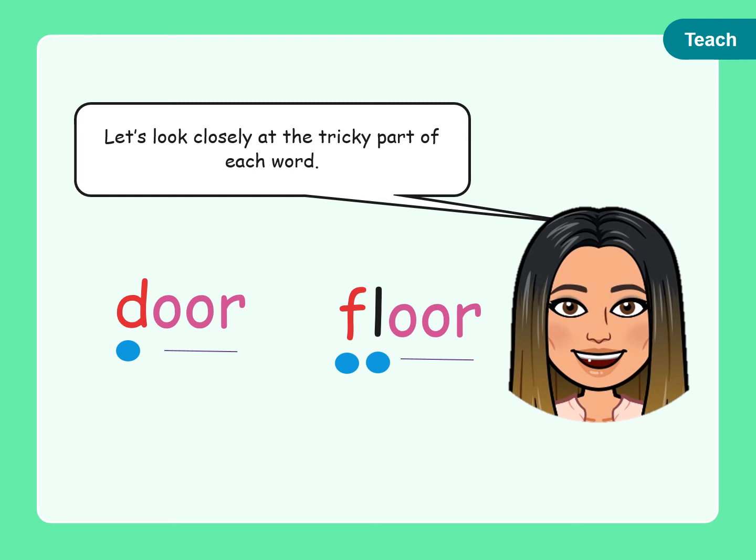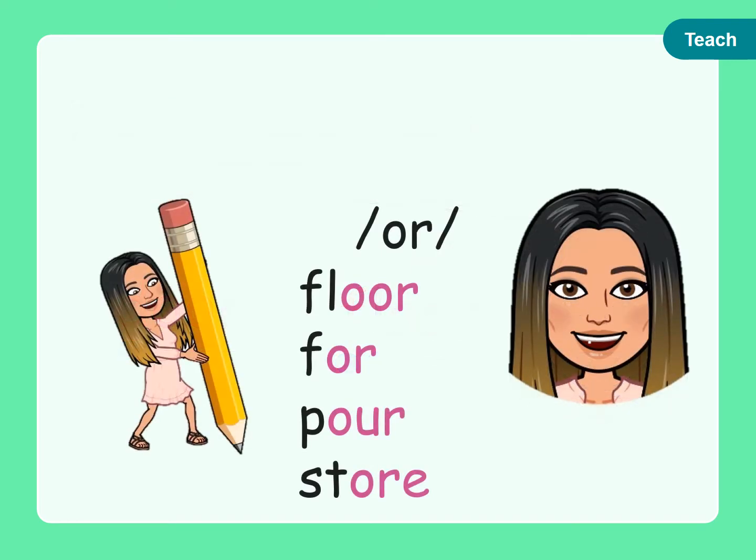F, or, floor. So children need to remember that trigraph makes the or sound, and it's tricky because that or sound can be spelt in different ways, and we're going to have a look at those different ways on the next slide.